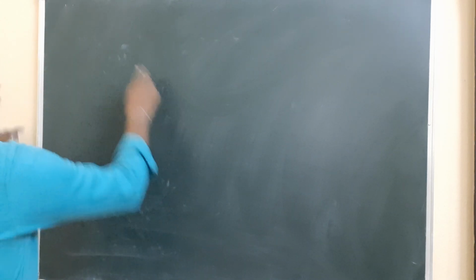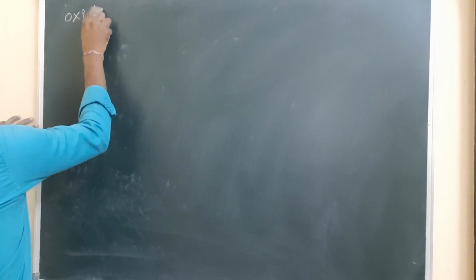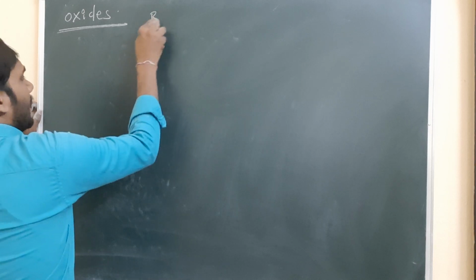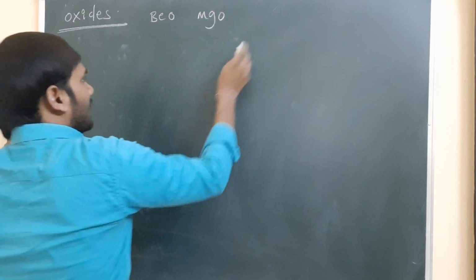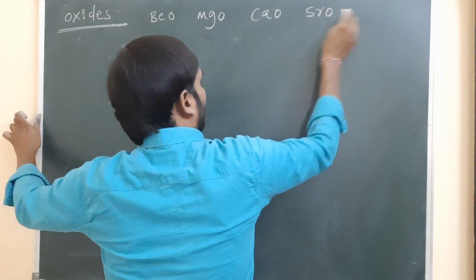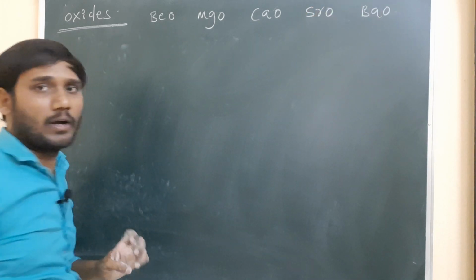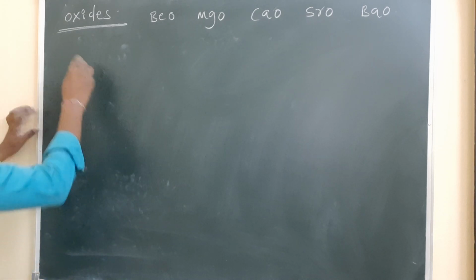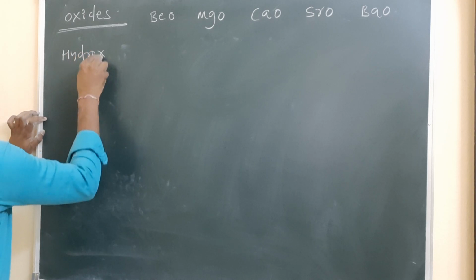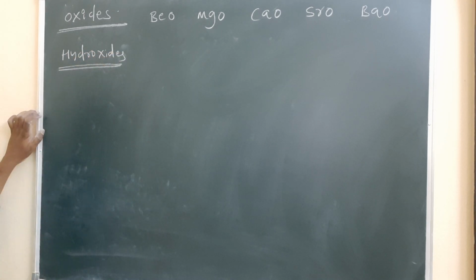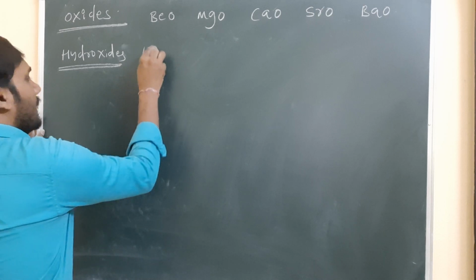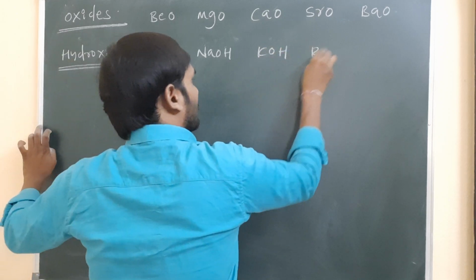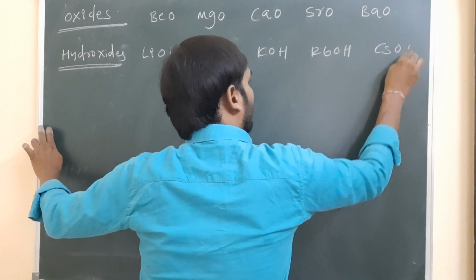Lastly we will see some examples of different substances. Very important here. For example, I am taking oxides: beryllium oxide, magnesium oxide, calcium oxide, strontium oxide, barium oxide. This is the solubility order of the oxides. The next one is hydroxides: lithium hydroxide, sodium hydroxide, potassium hydroxide, rubidium hydroxide, cesium hydroxide.